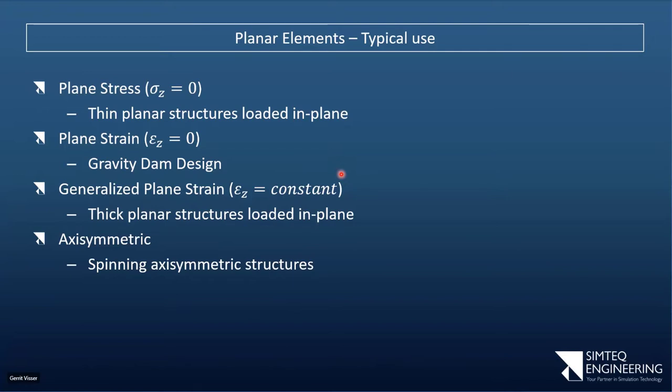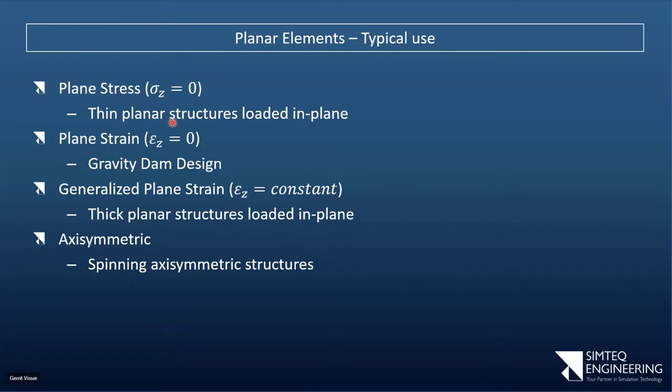If I just go back to what we spoke about last session, we talked about specific planar types of elements: plane stress, plane strain, the generalized plane strain, and then axisymmetric elements. Briefly to recap, for plane stress elements, the stress in the z direction is 0, but there is a strain in the thickness direction.